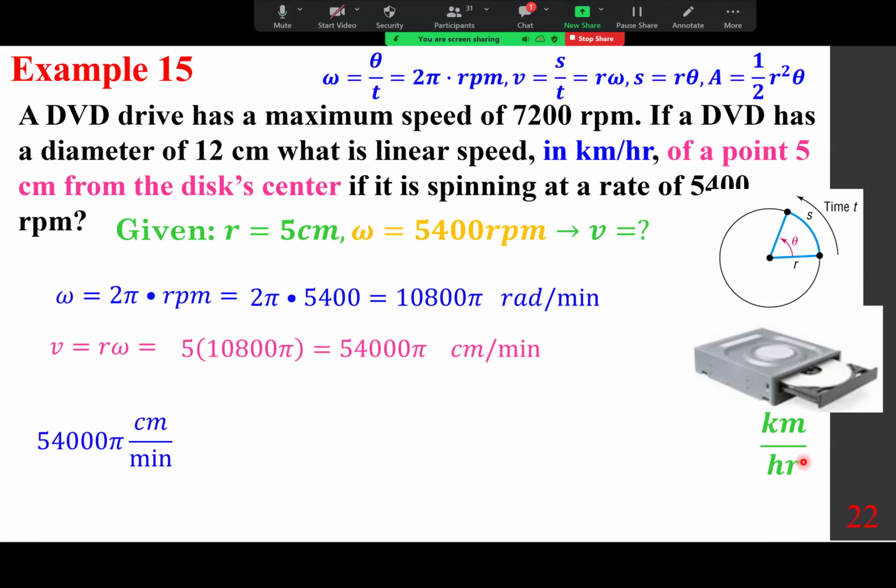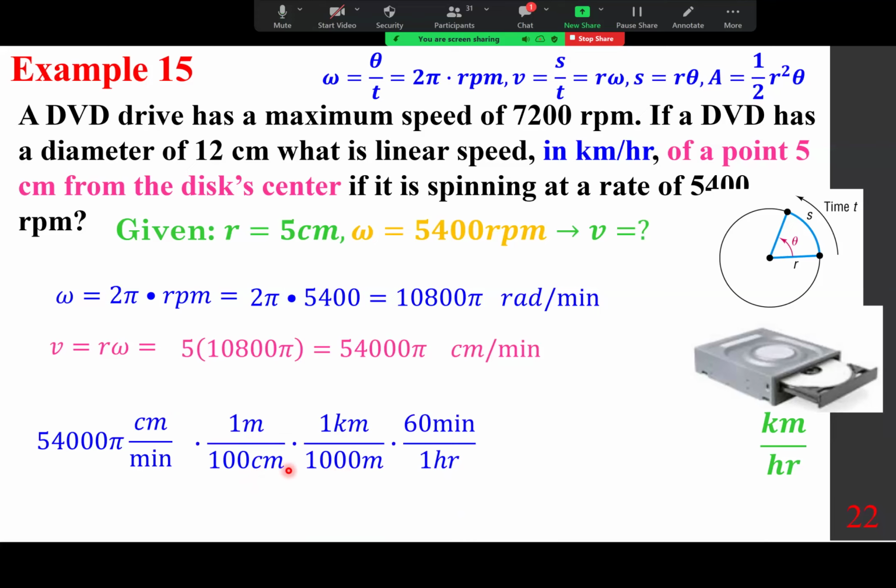We wanted kilometers per hour. So first of all, minute and hour. So 1 hour, 60 minutes. Then centimeters. Remember, 1 meter is 100 centimeters. 1 kilometer is 1,000 meters. And 1 hour is 60 minutes.